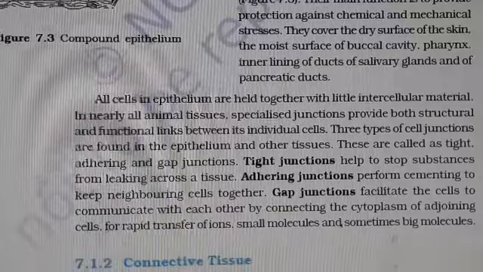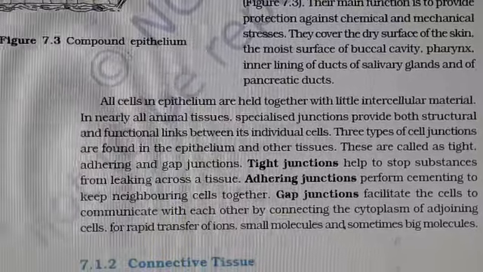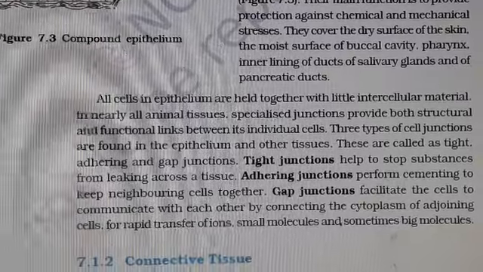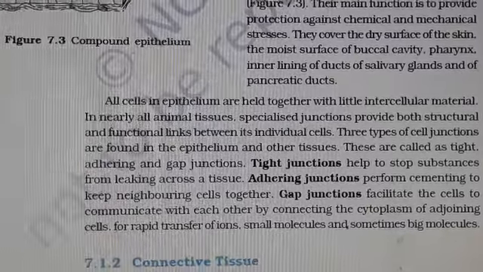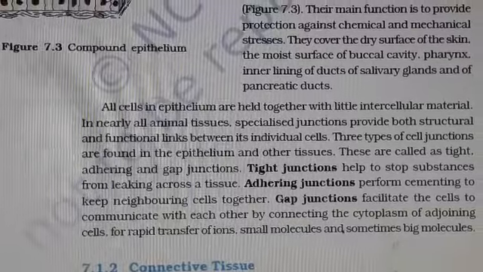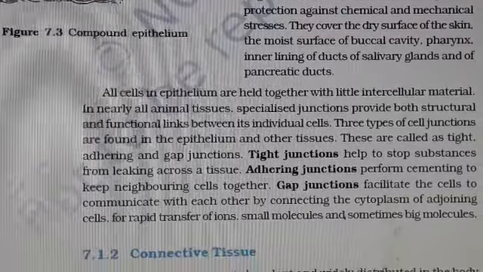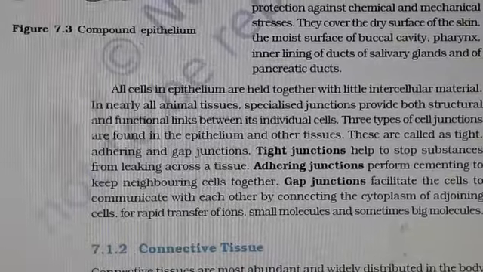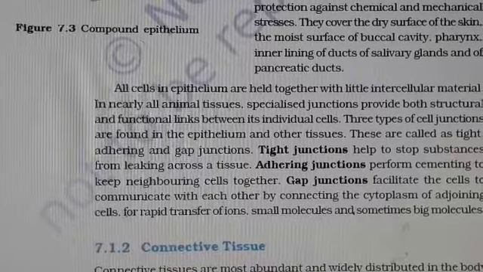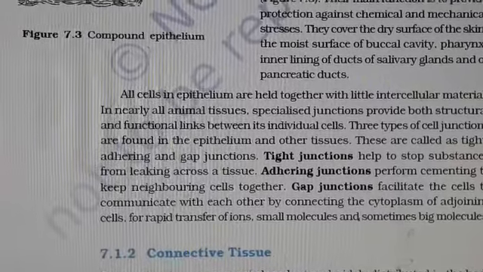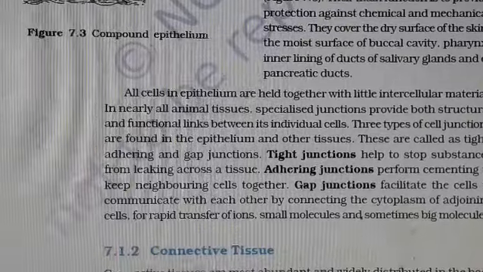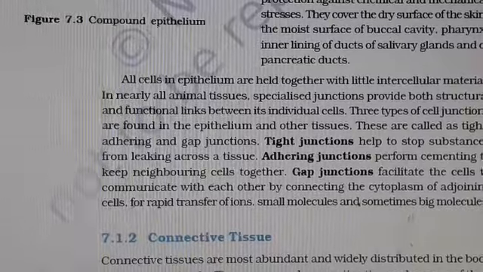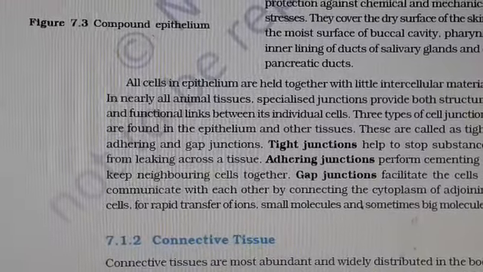So, if I talk about the junctions, the name suggests that junction means where two things meet together. The tight junction means where transportation cannot take place. There is no gap in the tight junction, and it stops substances from leaking. Okay, and the adhering junction. Whenever you use glue, it is written that it is an adhering substance. That means it joins different things together.